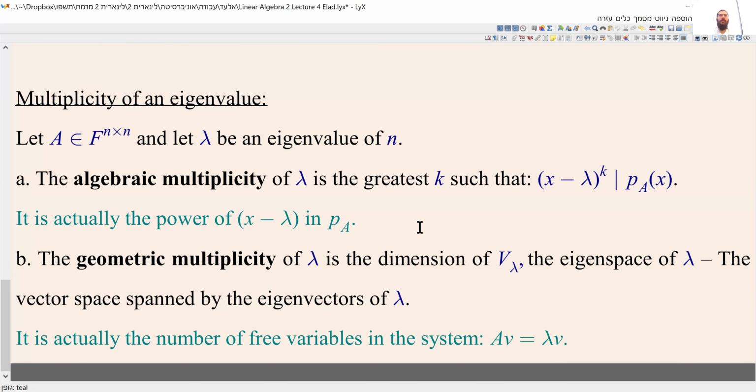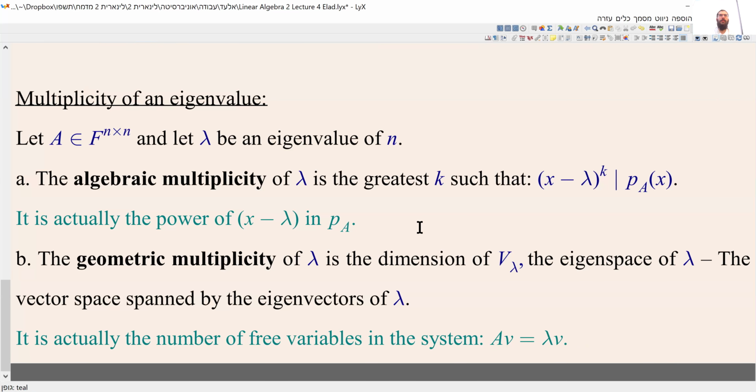So, by our first definition, first of all, the eigenvalues are 0 and 15, the roots of the characteristic polynomial. By our definition, the algebraic multiplicity of the eigenvalue is the power of its component in the characteristic polynomial.